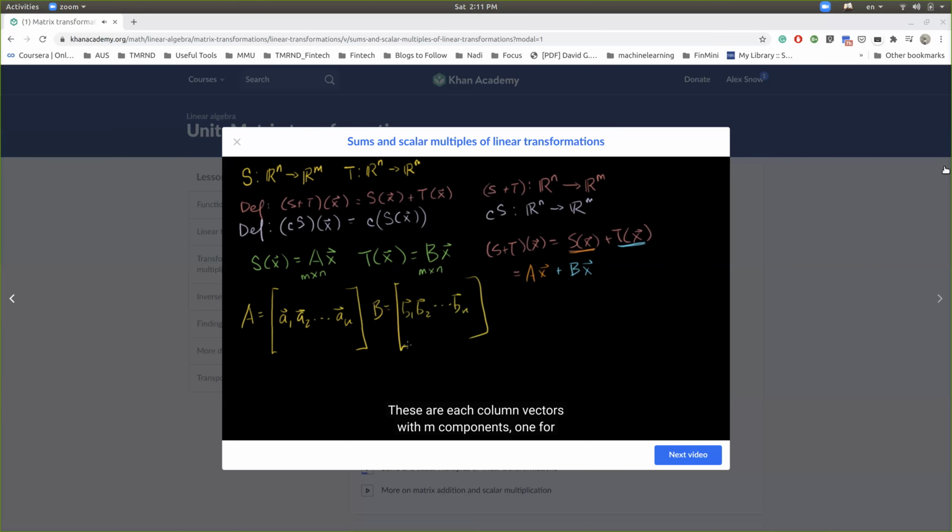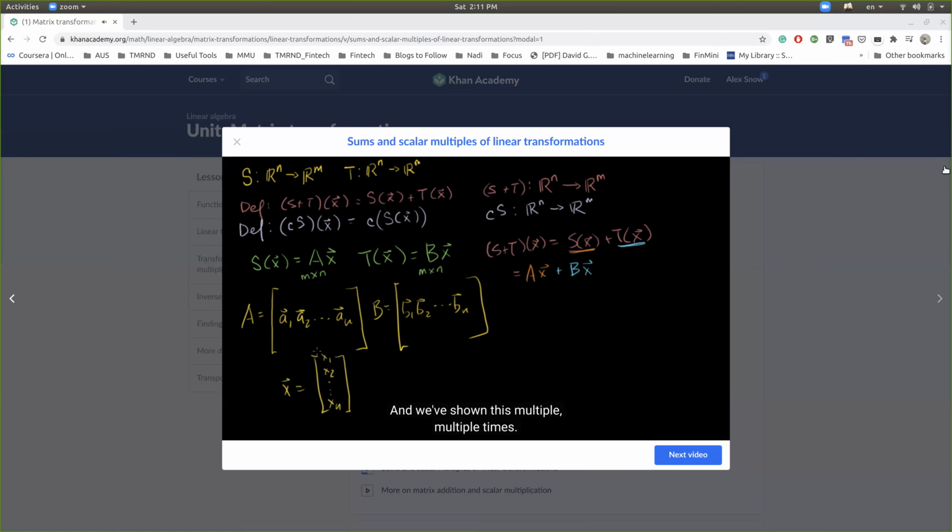These are each column vectors with m components, one for each of the rows, and there are n of these because there are n columns. If I multiply an x, the vector x is going to be x1, x2, all the way down to xn.